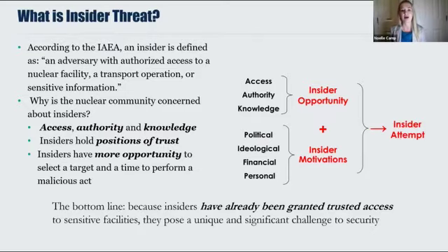On the right-hand side of this screen, you can see that a combination of opportunity from an insider's access, authority, and knowledge, and motivations, whether that's political, ideological, financial, or personal, results in a potential insider attempt.